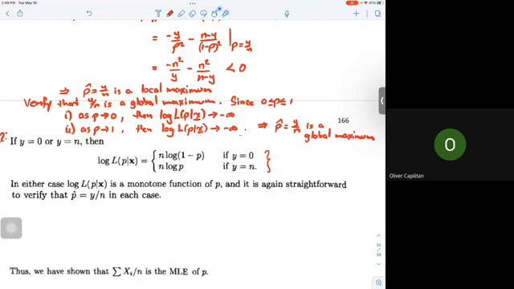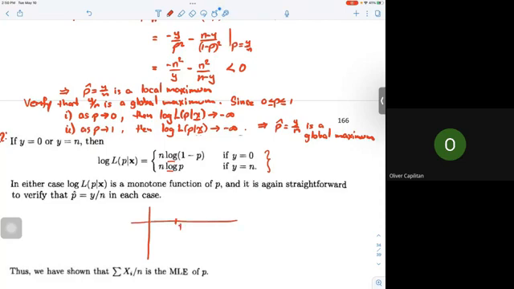So in either case, the log likelihood function is a monotone function of p. Because we have here an expression of logs, logarithm lahat. So kung titingnan natin yung graph niya, parang ganun. Say this is 1.